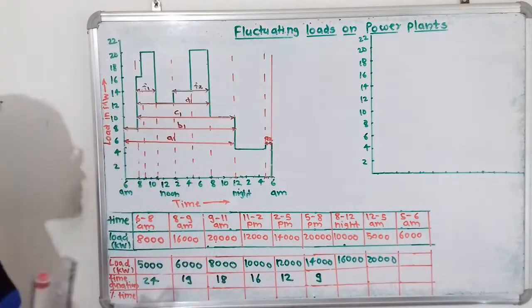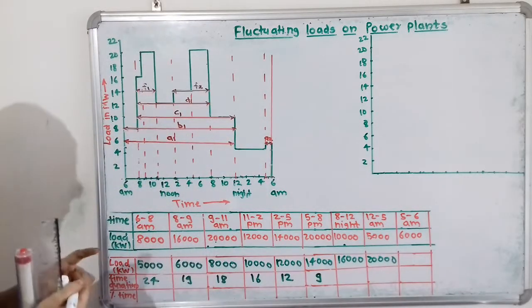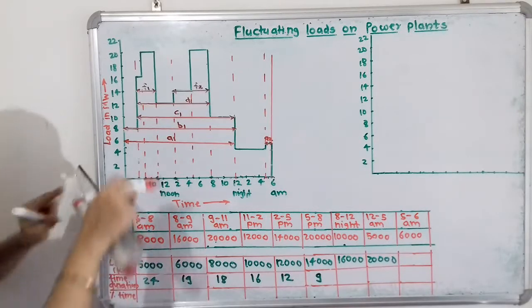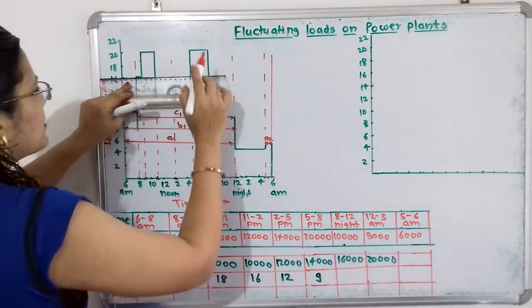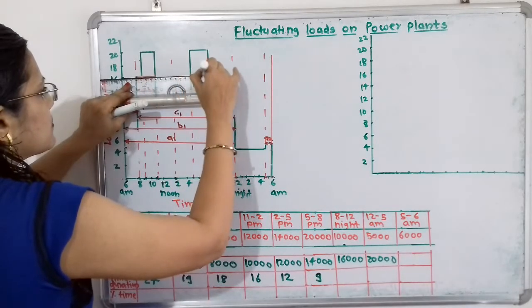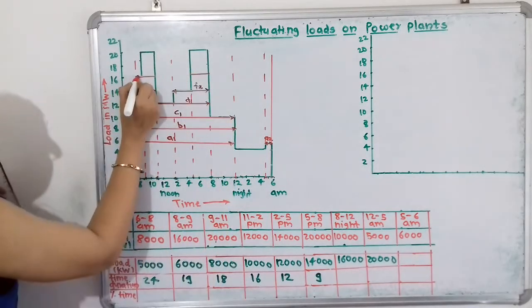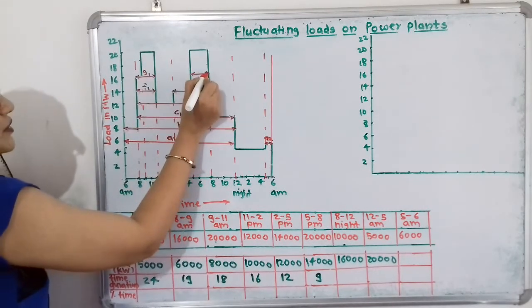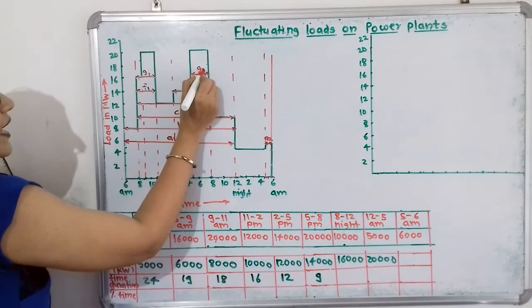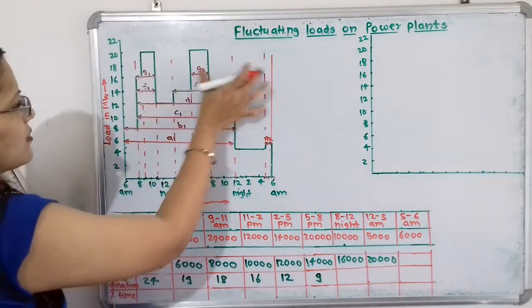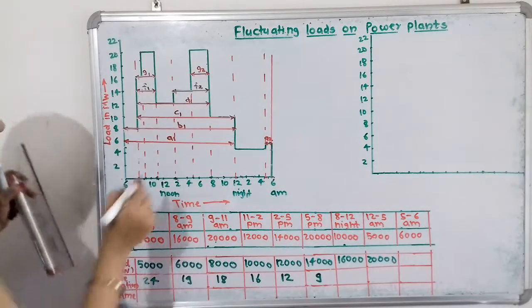Then again we will move for the 16. So for this 16 megawatt, again we will use the same. I will use here the letter G. So here this is the duration, that is G1, and here is the second duration, that is G2. So we have to add these two durations. So we can subtract the other and we will calculate here.